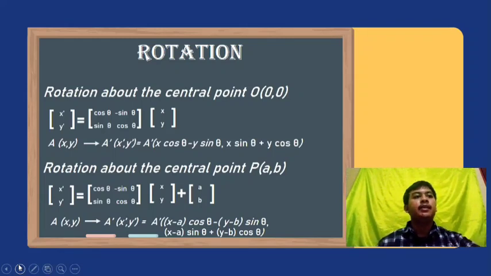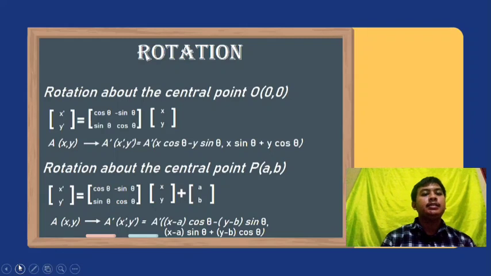So the formula solution will be added by a and b, and so A' is ((x minus a) times cos theta minus (y minus b) times sin theta, (x minus a) times sin theta plus (y minus b) times cos theta).